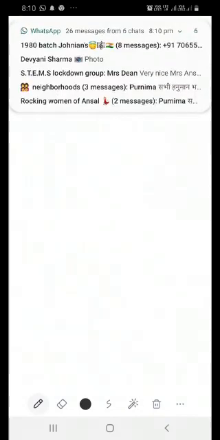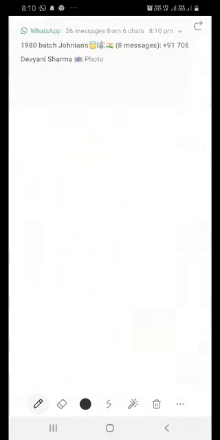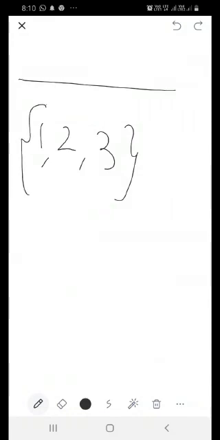Now I think you know how to draw the number line. Suppose x belongs to natural numbers and your solution set has the elements 1, 2, 3, and you are asked to draw it on the number line.